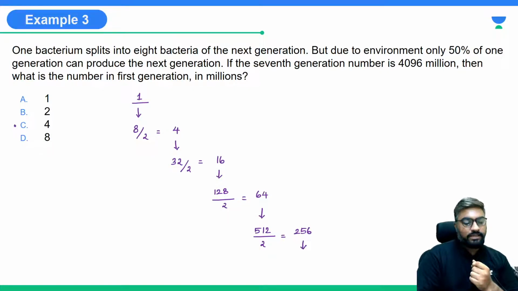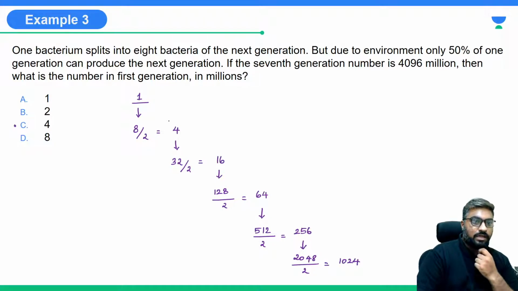Again 256, what will it become? 256 into 8 is 2048. Half of it is 1024. So that's the 6th generation.